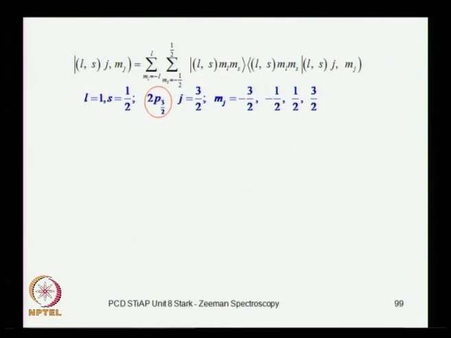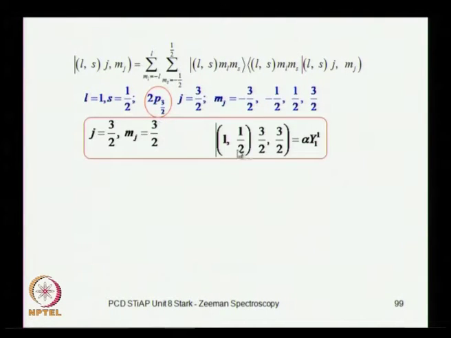So, let us write these for all the 8 states that we are concerned with. We found that the 2p 3/2 splits into 4 states, 2p 1/2 into 2 and 2s 1/2 also into 2. So, there are a total of 8 states for which we should write this expression. 4 of these come from our 2p 3/2, and by getting the coefficients you can write this directly.